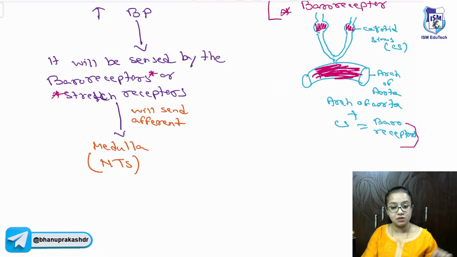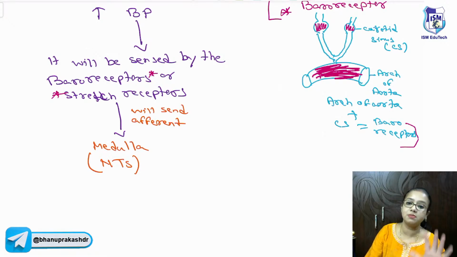Some nerve fibers carry the impulse to the CNS, some bring back the impulse from the CNS. So it will be sent that there has been stretching, an increase in the blood pressure, to the center in the medulla, the nucleus of tractus solitarius.